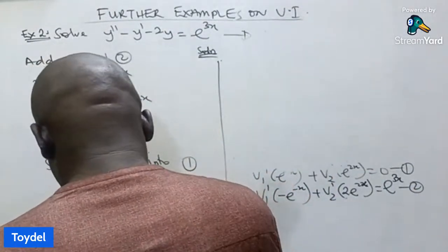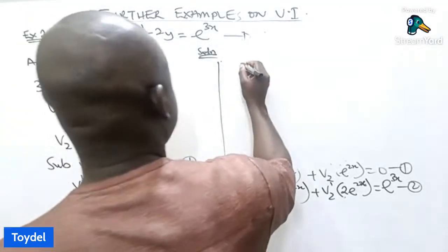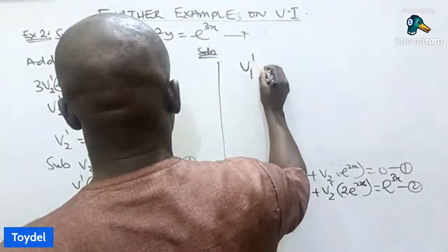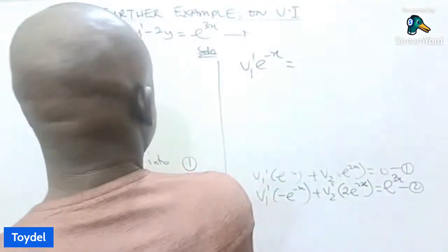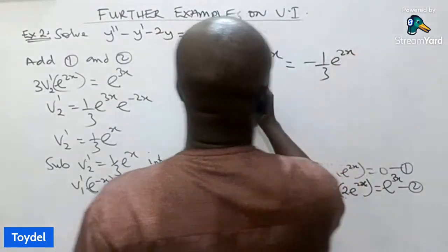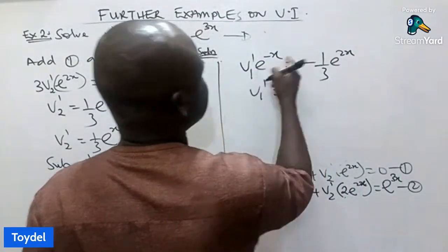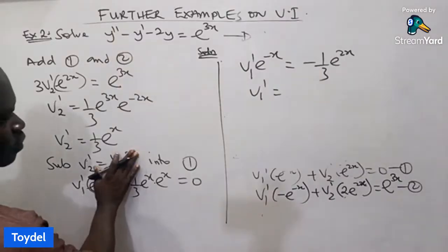Okay, so that will cancel this. So we are going to get the value of our V1 prime times exponential minus x to be equal to minus 1 over 3 exponential 2x. When we do V1 prime, it will now be equal to, by the time we divide both sides by exponential minus x, no, what we have here is 2x, not x.